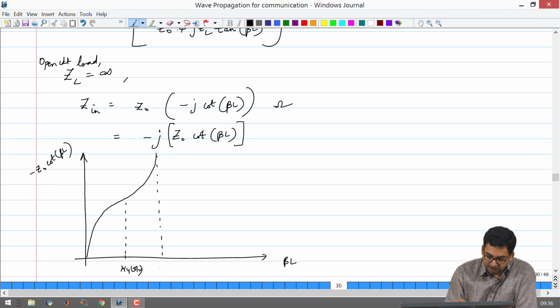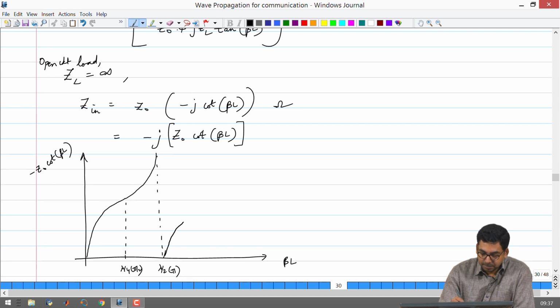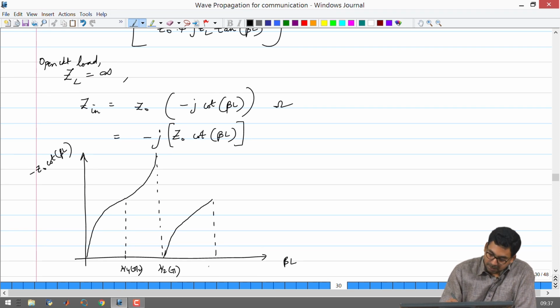This will correspond to lambda over 2 or pi, and then once again 3 lambda divided by 4.